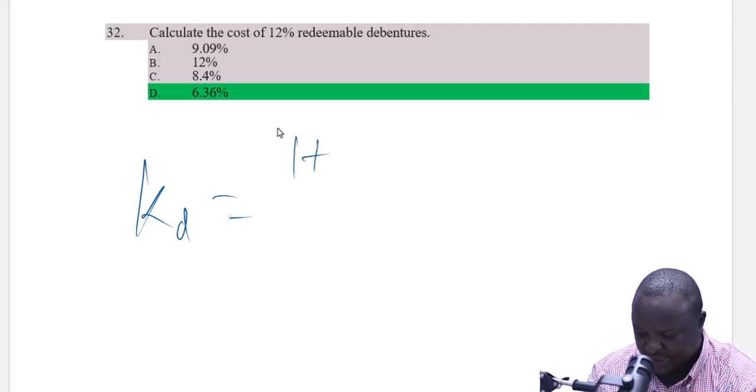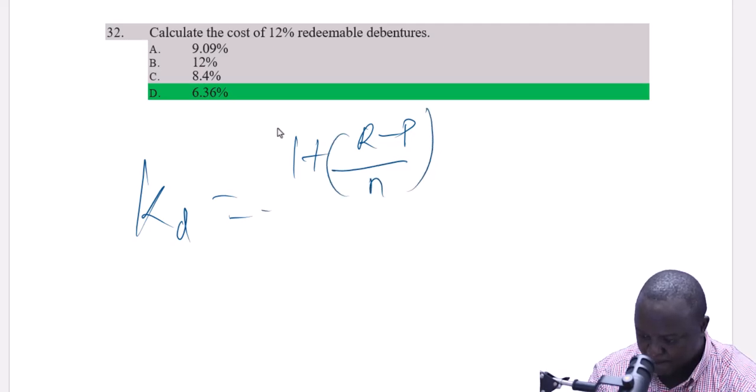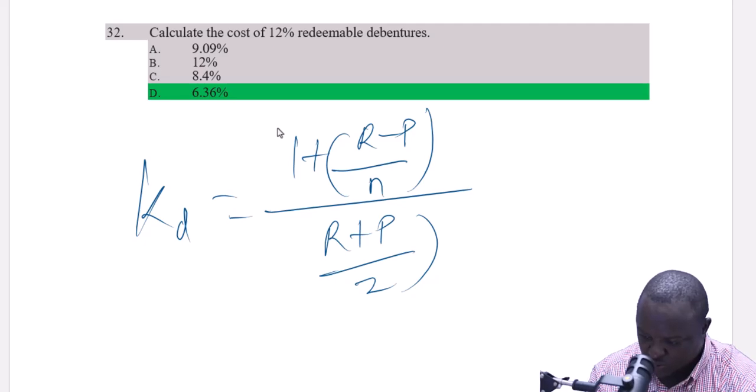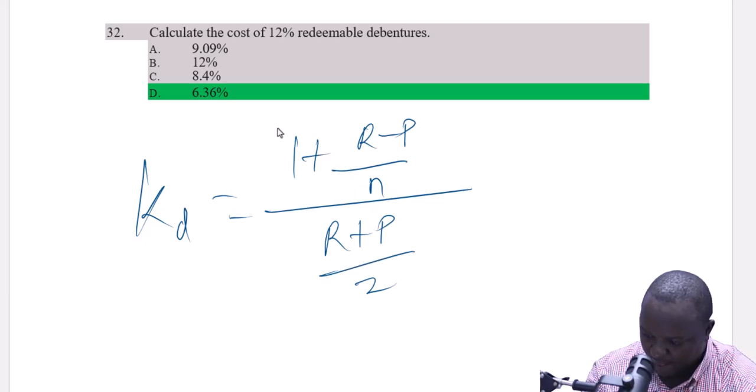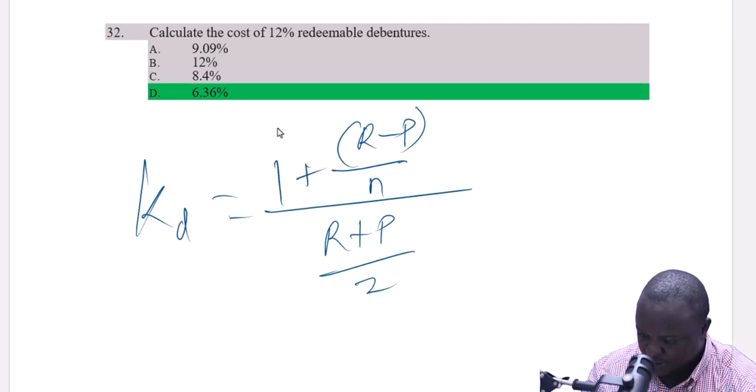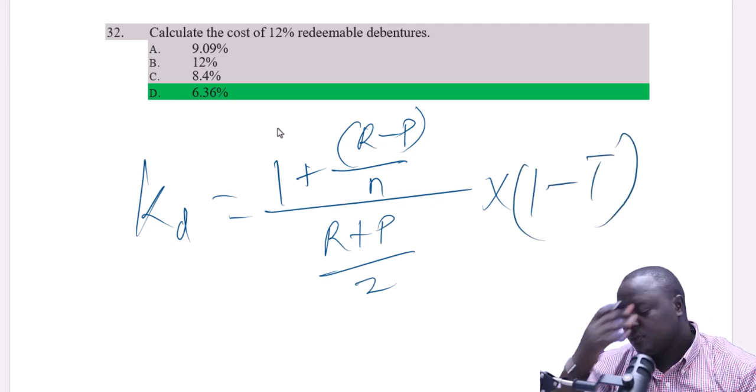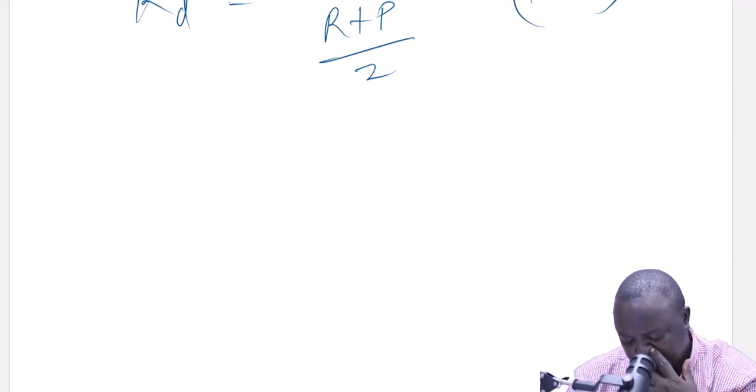1 plus R minus P over N, over R plus P over 2, times 1 minus T. That is the formula we are going to use.